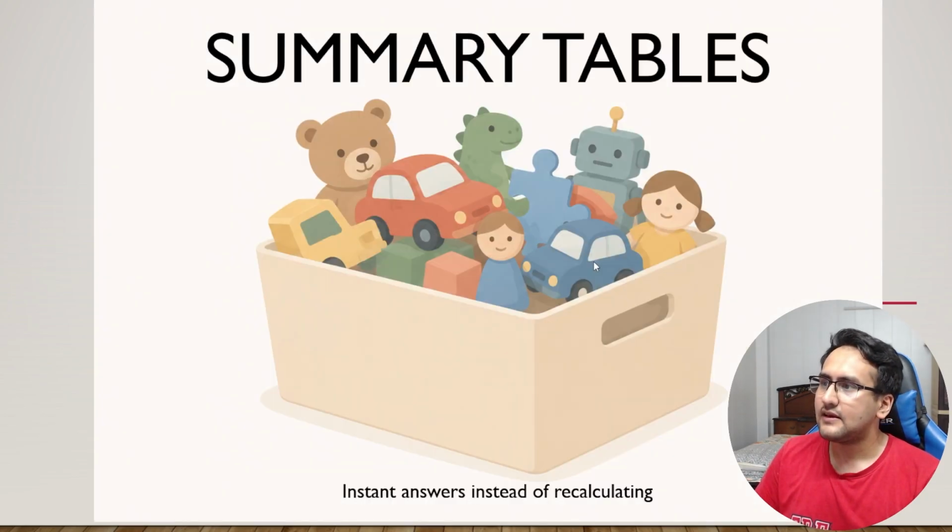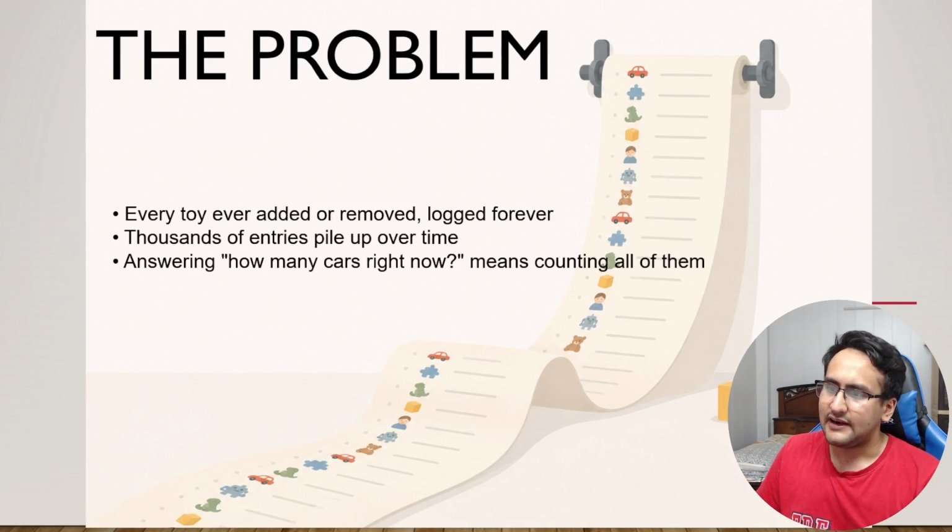And next is summary tables. Let's take the example of toys. A kid has many toys: a bear, a car, a robot, a dinosaur, and so much more. The problem is that every toy, whether it's added or removed, needs to be logged forever.